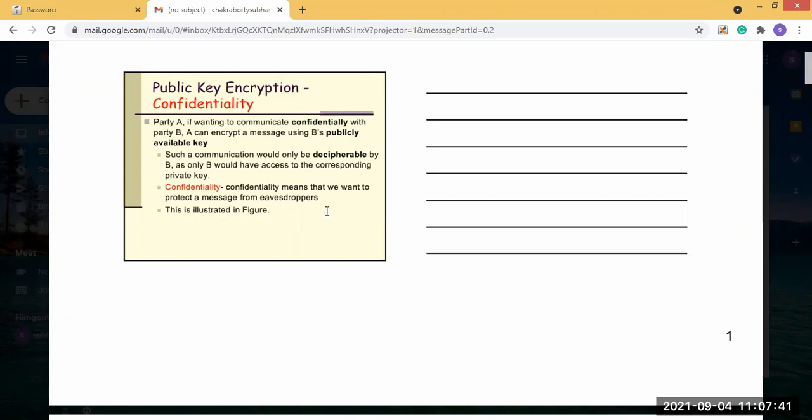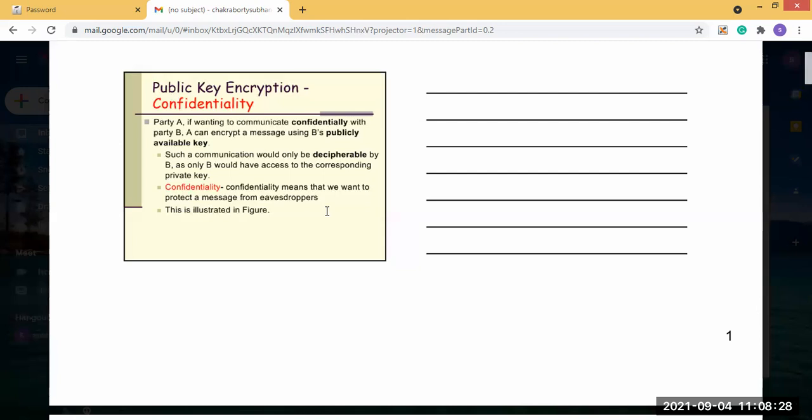Every party's public key is present in the public domain, so each party can access it. A encrypts the message using B's public key from the public domain, so that B can decrypt it using B's private key.